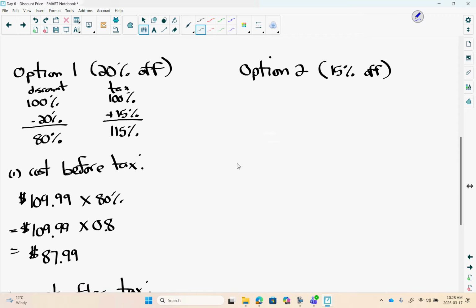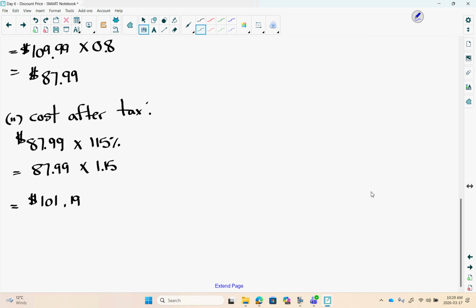So for option 2, cost before tax. Right now, you should be able to make an educated guess or make a statement about this. Like, what's better if you're the customer? Would you sooner get 20% off or 15% off? 20% off. So I would already cross this out, but I'll show you the math. I'll show you that if I do this option 2, I'm going to pay more than $101.19.